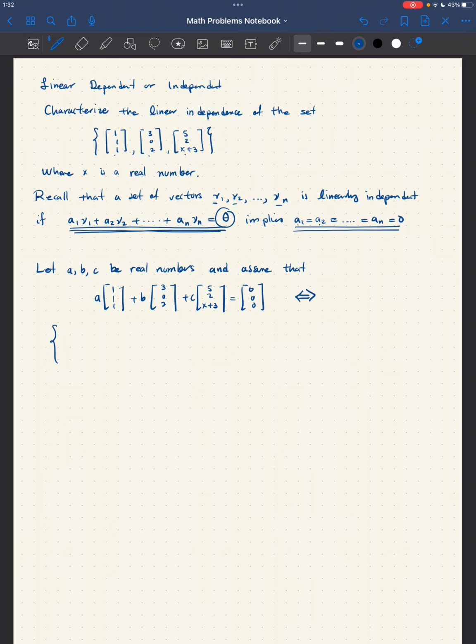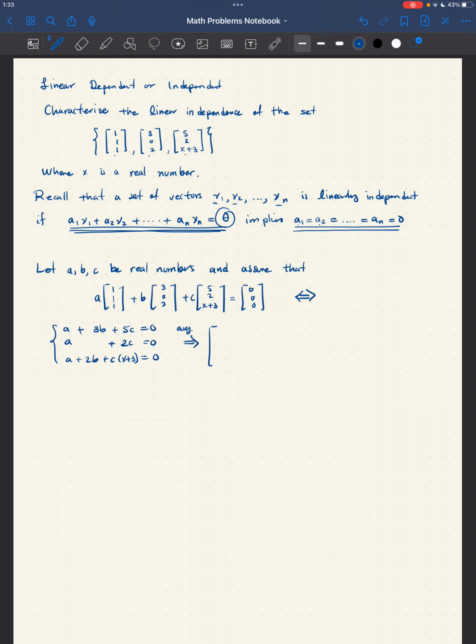Which one? Well, the one that I'm going to describe. a plus 3b plus 5c is equal to 0. a plus 2c is equal to 0. a plus 2b plus c times (x plus 3) is equal to 0. Of course, this can be converted into an augmented matrix representing the system of equations.